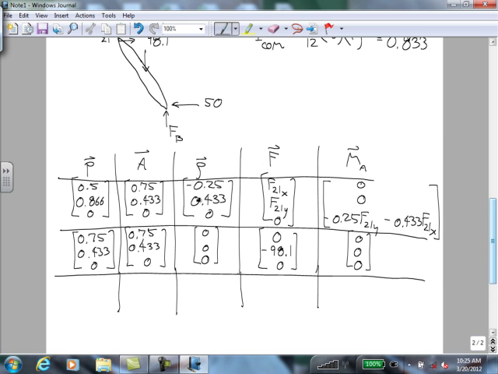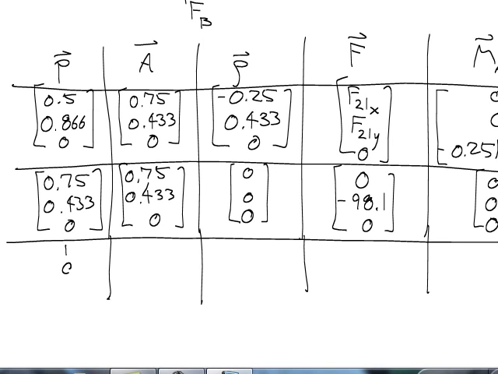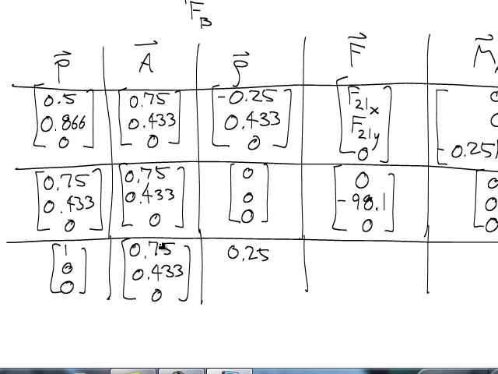And then we have the 50 Newton force. Where does that act? The about point stays the same. So the row vector is 0.25, negative 0.433, 0.